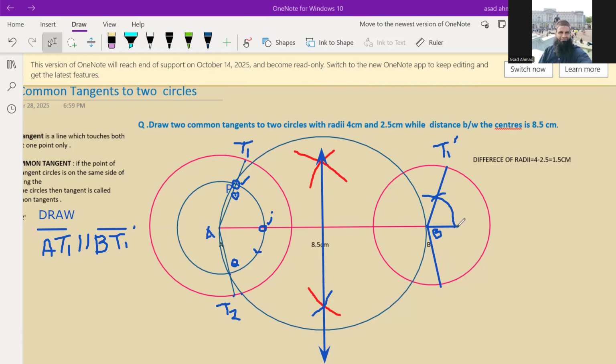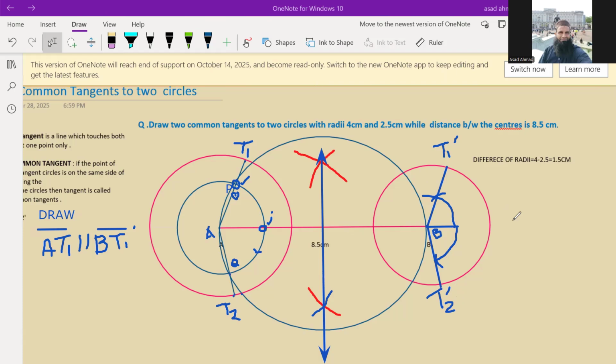And you have to use the same concept right here. So you will be able to get the line like this one. Mark this point as T2 dash, which is basically a parallel line. So simply the drawing is done. We have obtained the points of contact.